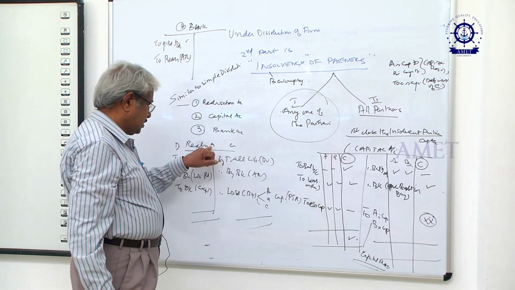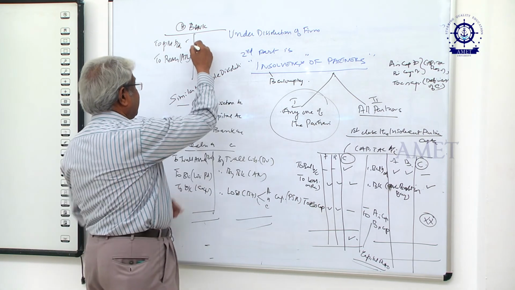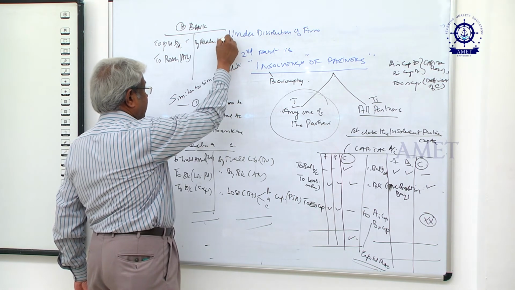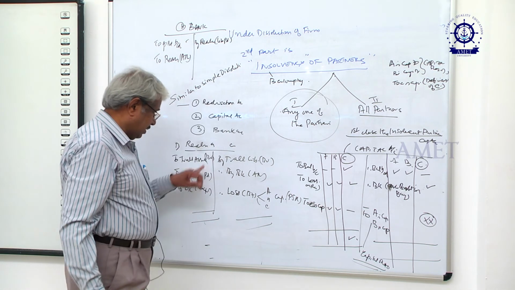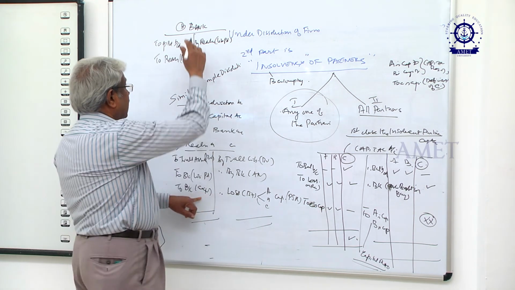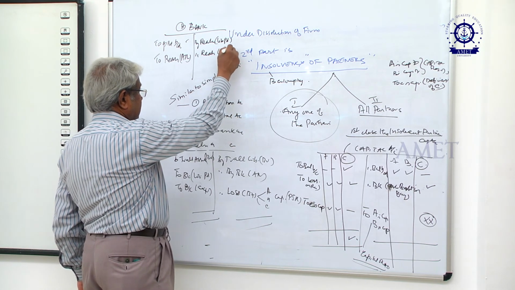Then realization account debit to bank, liabilities paid off. Then realization account debit to bank, expenses incurred.